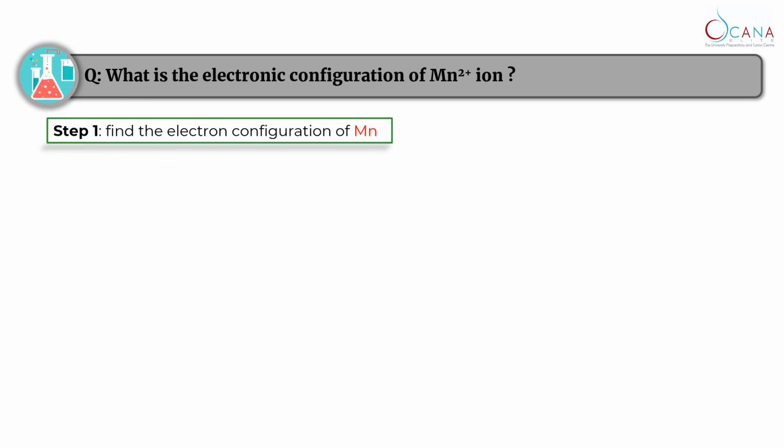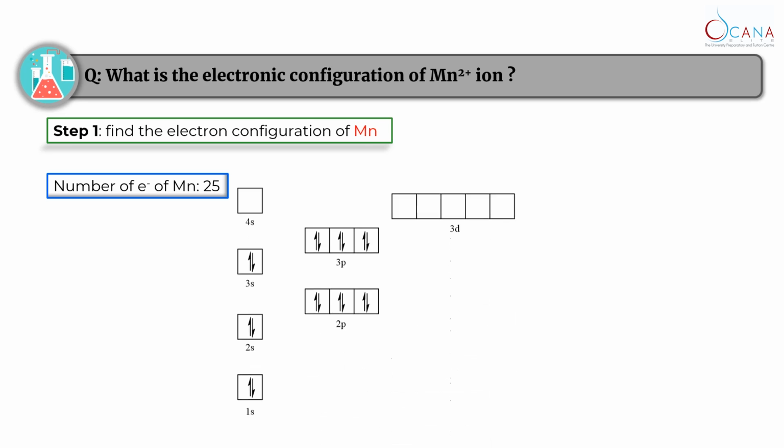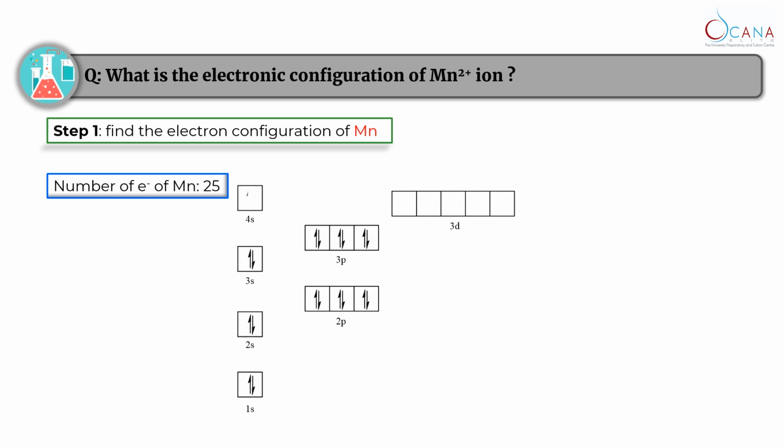To solve the problem, in step 1, we have to find the electronic configuration of manganese atom. The number of electrons of manganese equals 25, so we can fill the electrons according to the 3 rules mentioned before. When we fill the 19th electron, remember that 4s orbital has lower energy than 3d orbital, so we can fill the electrons into 4s orbital first.